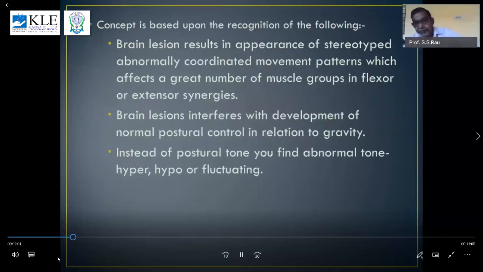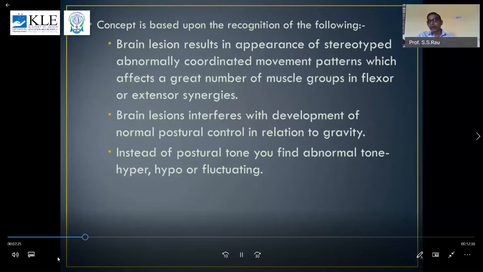The brain lesion, as we all know, results in the appearance of stereotyped, abnormally coordinated movement patterns, which affect a large number of muscle groups, either in the flexion synergy or in the extension synergies. And these lesions interfere with the development of normal postural control. Postural control is something that keeps us upright in relation to gravity.